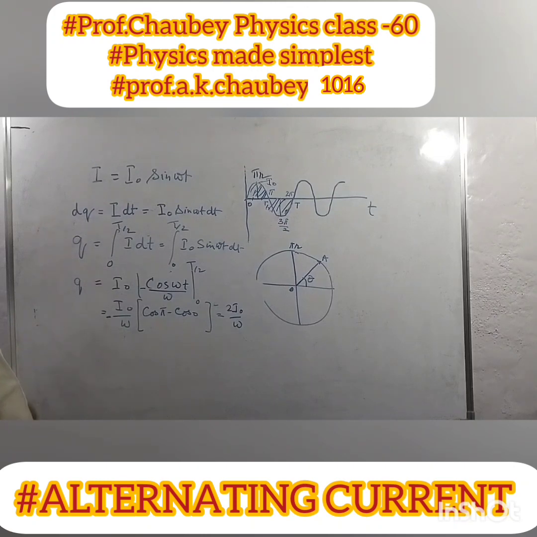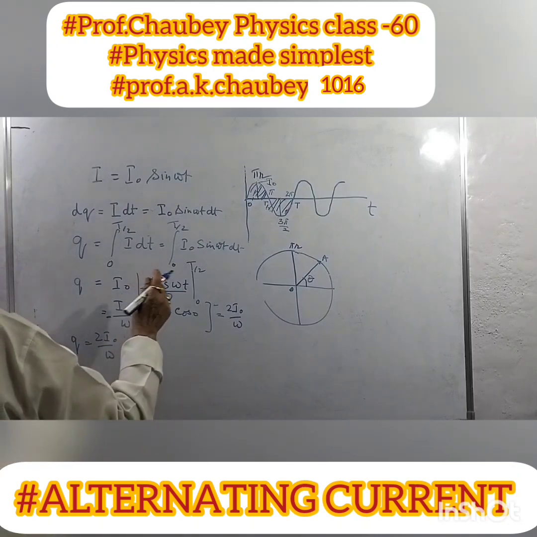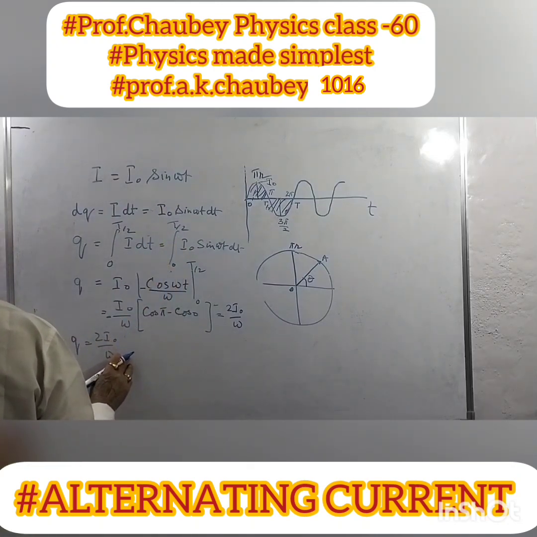So this is Q equal to twice I naught over omega. Charge flown in the half cycle is 2 I naught over omega.